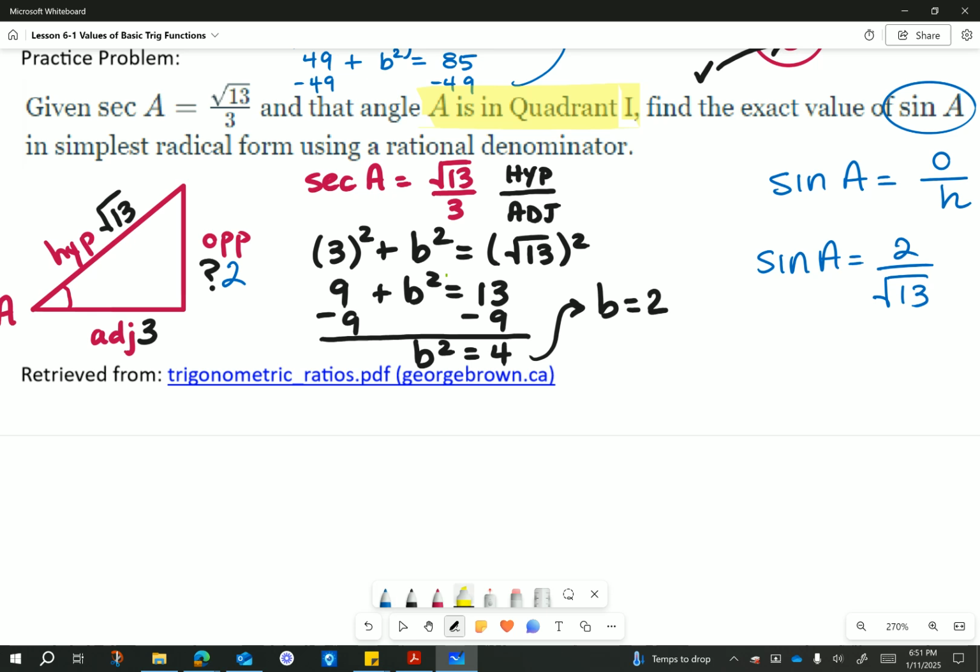So here's an example where this is a correct answer value, but because they want us to make sure that we only provide answers with rational denominators, this is not going to work because that denominator is a radical, and we want a rational.